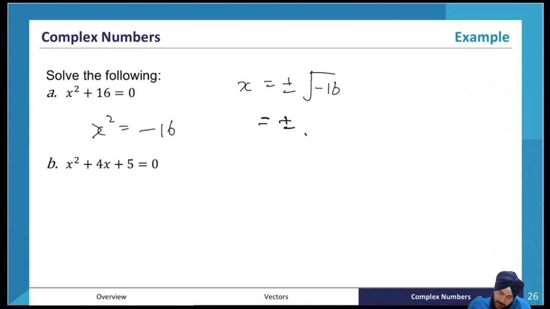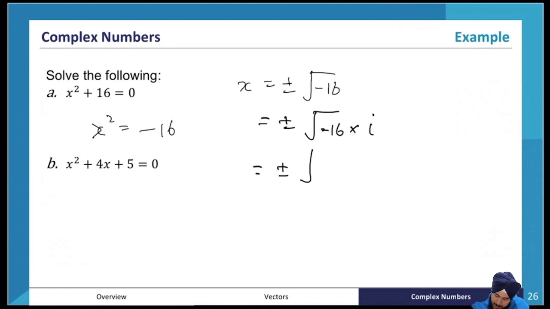So we can write root negative 16 as root 16 times root negative 1, times i.